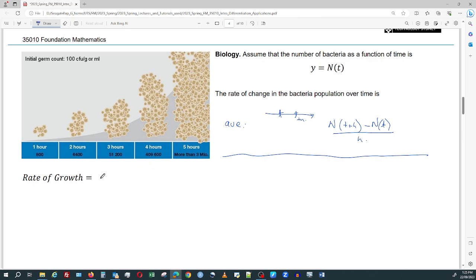So for our instantaneous rate of growth, we use our insurance policy, just like we did before. We've got our rise and our run. That means at some point we can put the h down to a very small value. And look at that, it's the differential of N. So the rate of growth is the differential of N. Sometimes it's expressed this way, isn't it?